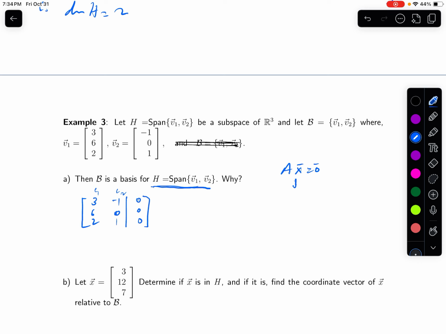The other way to check, a quicker and easier way, is to check if they are multiples of each other. By looking at them, you can tell that they are not multiples of each other.